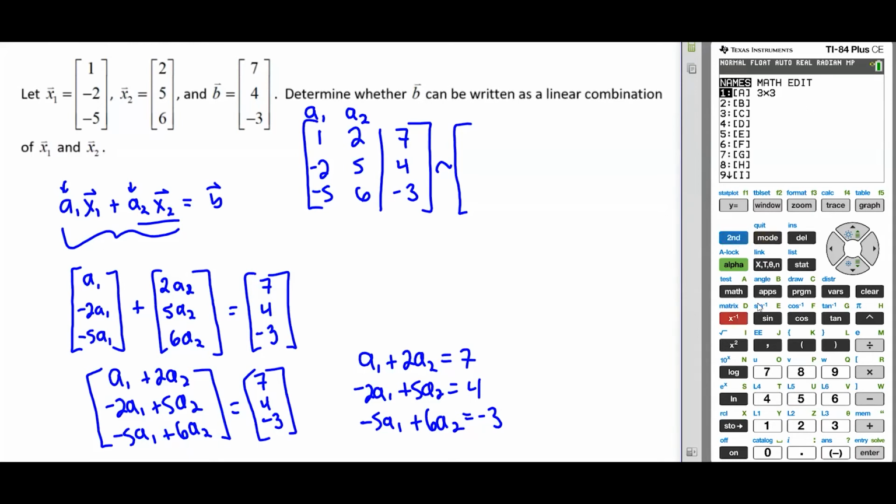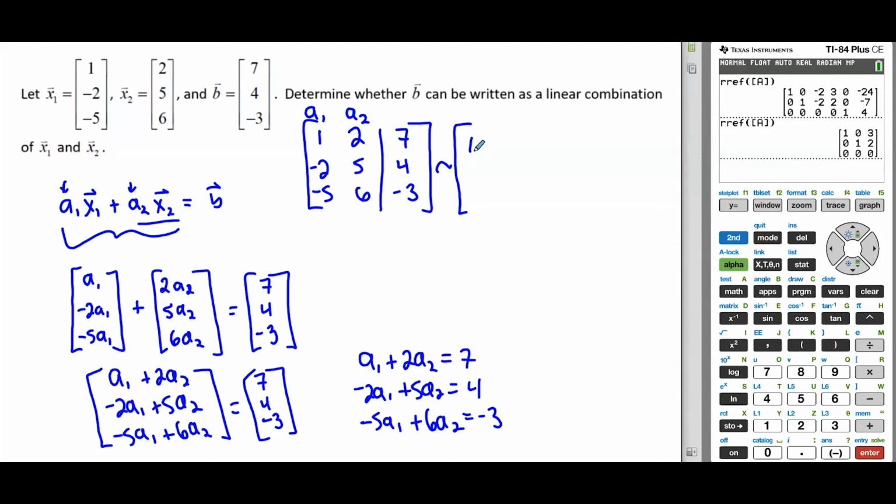So now I'm going to use RREF on the matrix I just made, and I get this. Remember, it's augmented here.